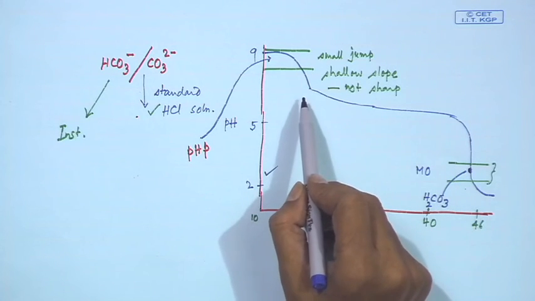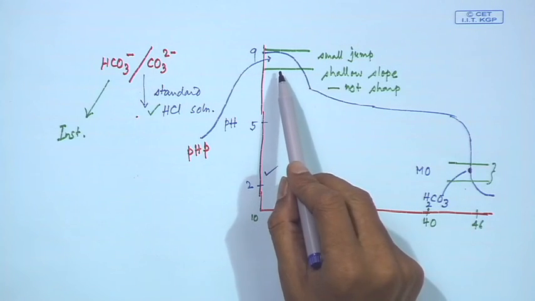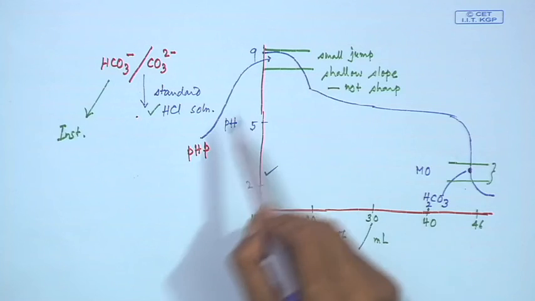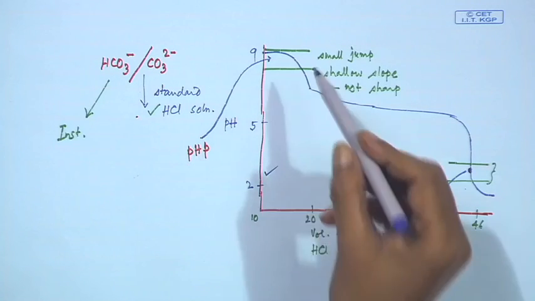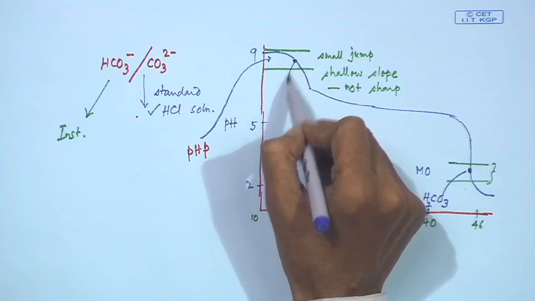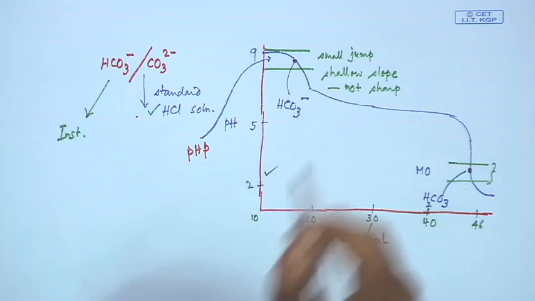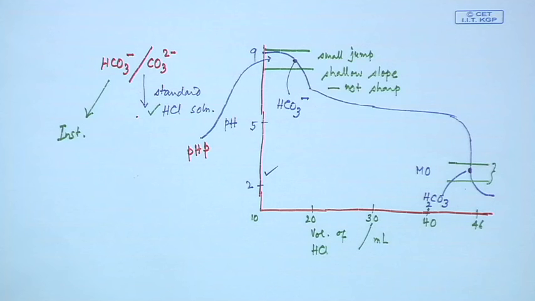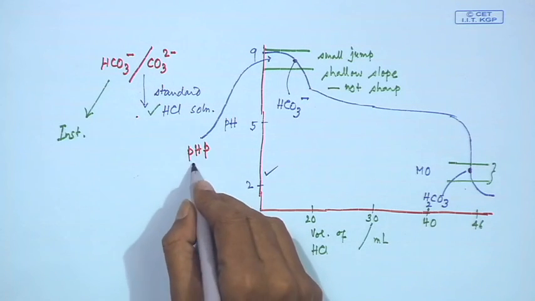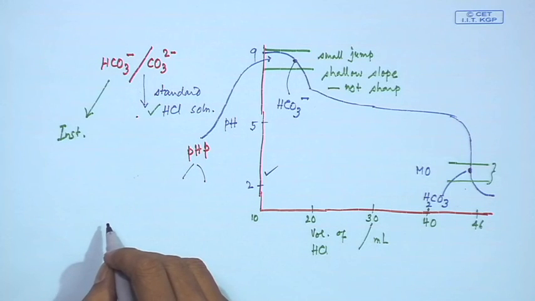And here the corresponding color change, pink to colorless for phenolphthalein, is at this midpoint, where we are getting the formation of HCO3 minus. So, thus you have the corresponding change.